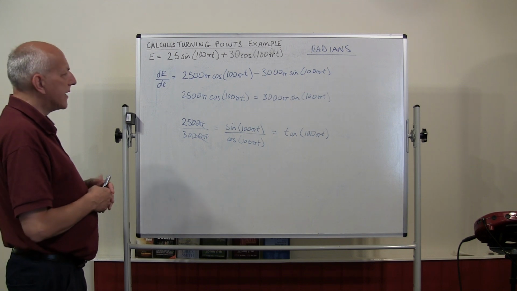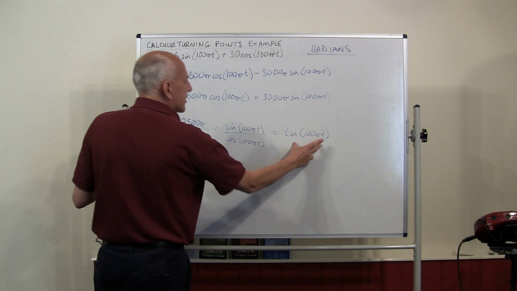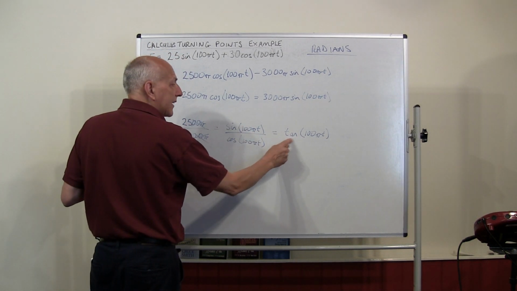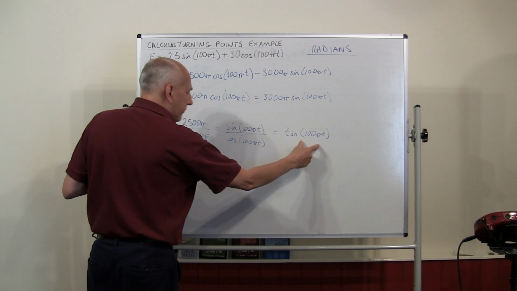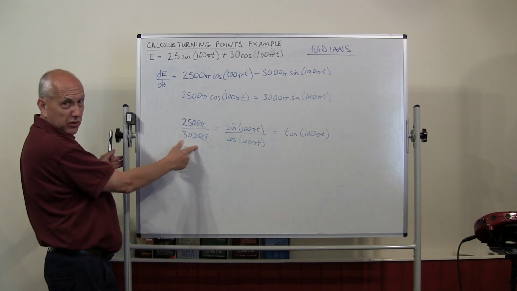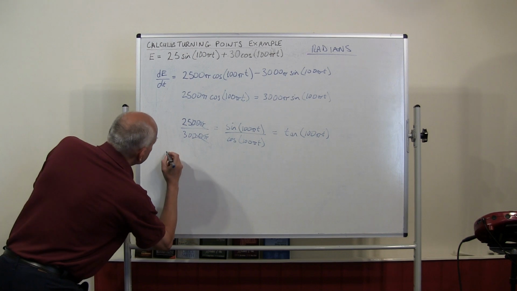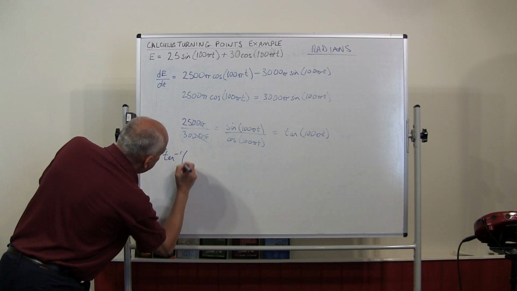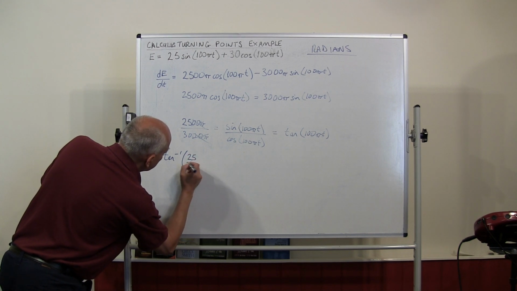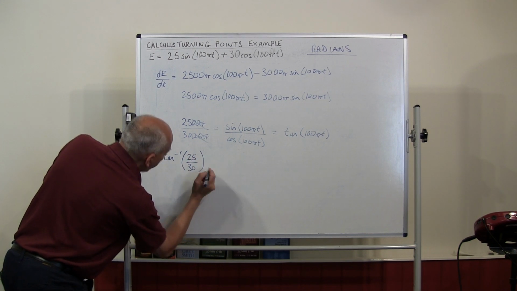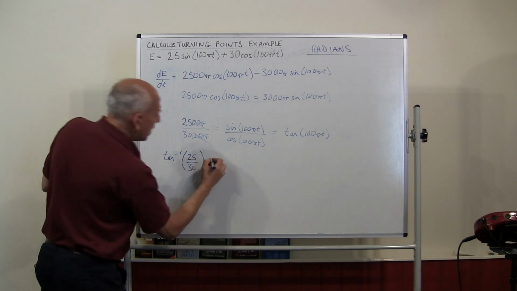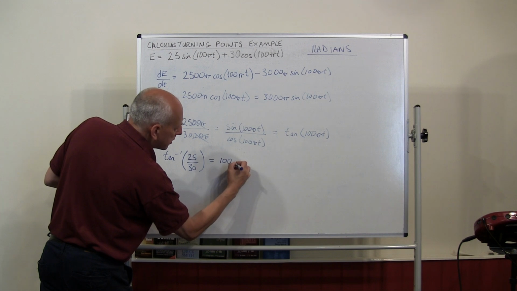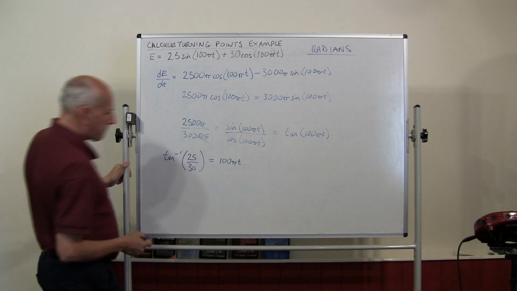so to find what t is, I need to get this from inside the function, bring it out. So I'll do the inverse of the tan. Inverse of tan gets rid of the tan function, but I have to do it to the left hand side as well to keep everything balanced. So I now have the inverse of tan of 25 over 30 equals, so that tan's gone, so it equals 100 pi t.